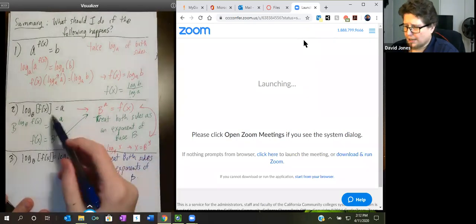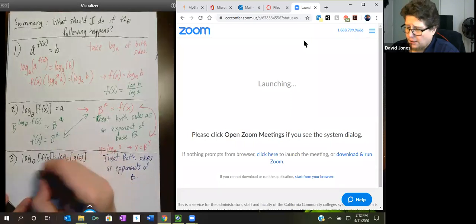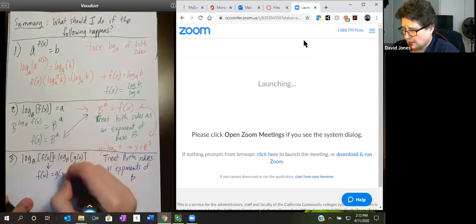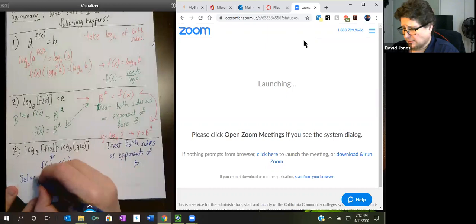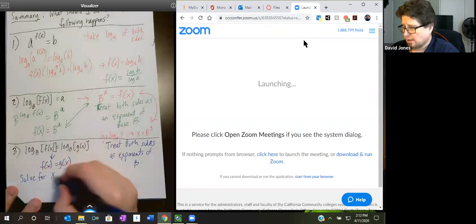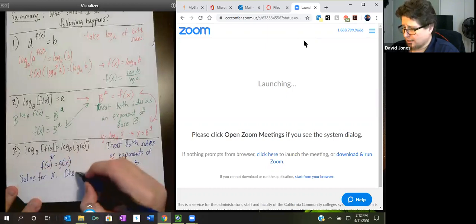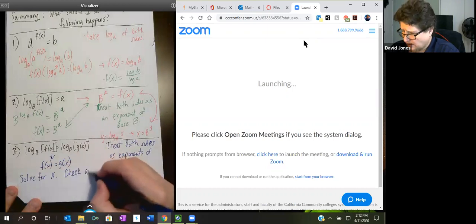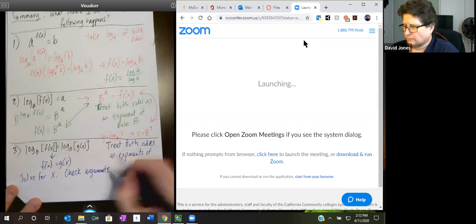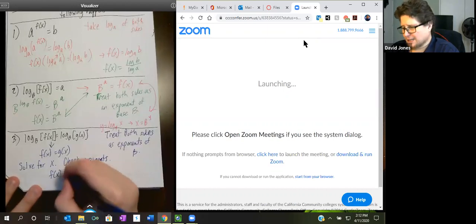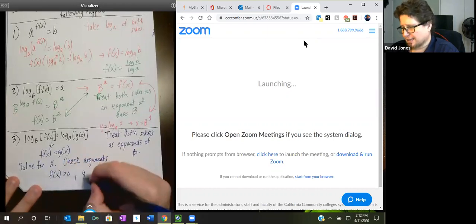And recall, just like here, the logs go away. We end up getting f of x equals g of x. Solve for x, and check arguments. f of x has to be greater than 0. g of x has to be greater than 0.